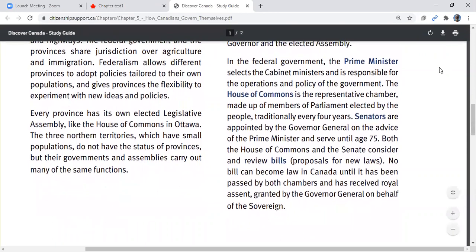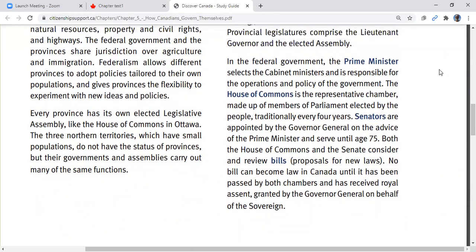In the federal government, the Prime Minister selects the cabinet ministers and is responsible for the operation and policy of the government. The House of Commons is the representative chamber made up of members of parliament elected by the people. Traditionally, every 4 years. Senators are appointed by the Governor General on the advice of the Prime Minister and serve until age 75.